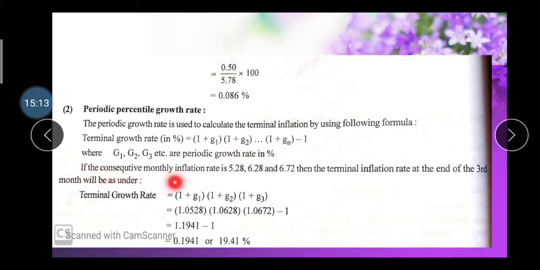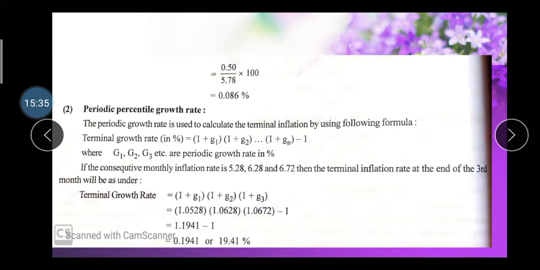So consider consecutive monthly inflation rates like 5.2, 5.28, 6.28, 6.72. Then the terminal inflation rate for the third month is considered as under: 1 plus 5.28 divided by 100, so you get 0.0528 plus 1.